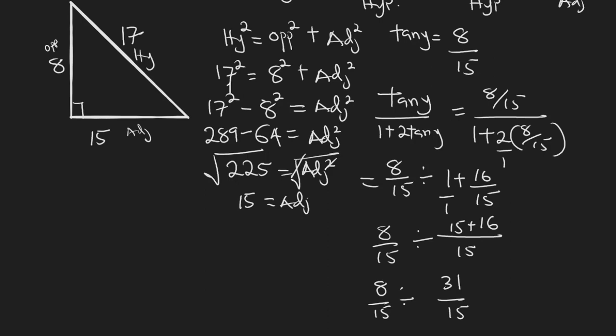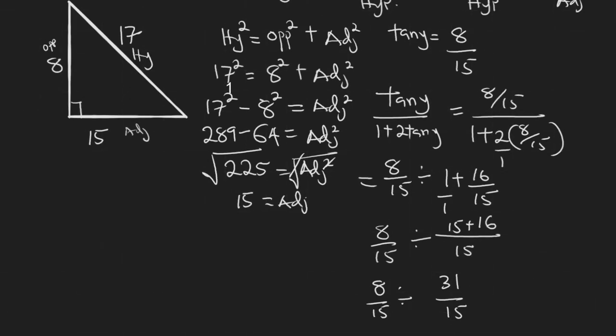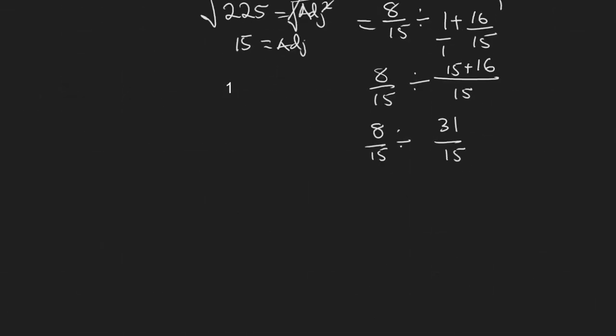So what we're going to do, we're going to take the reciprocal. When you have two fractions dividing by each other, you take the reciprocal, and whenever you take the reciprocal, the division will change to multiplication, and the numerator of the second fraction will turn to the denominator. That means you're going to turn it upside down, right? So we're going to have 8 over 15 times, now this will turn upside down, 15 over 31.